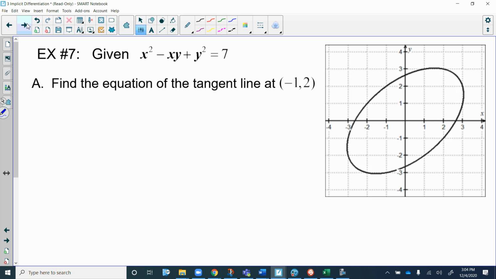So if you feel up to it, pause the video, work it out on your own, then hit play. Otherwise, just follow along with the explanation as I work it out.